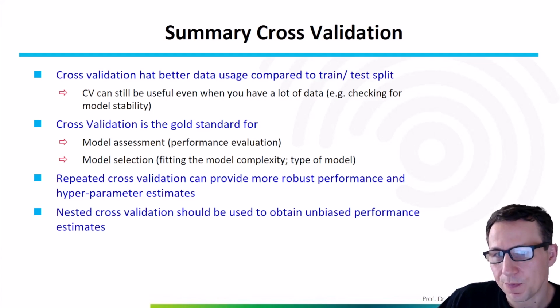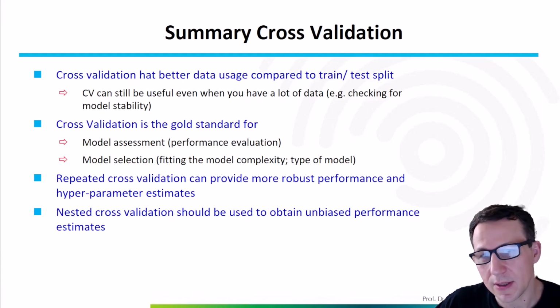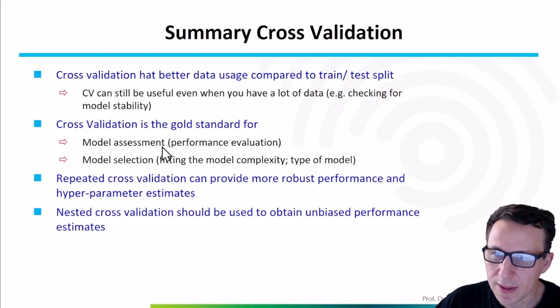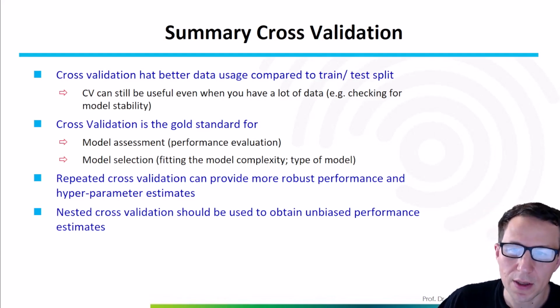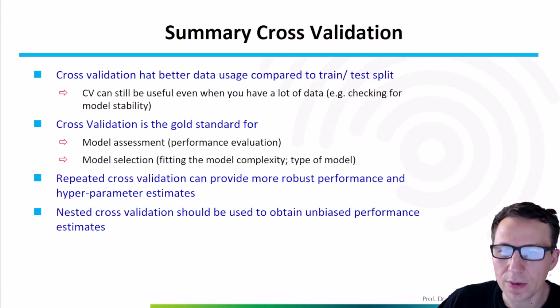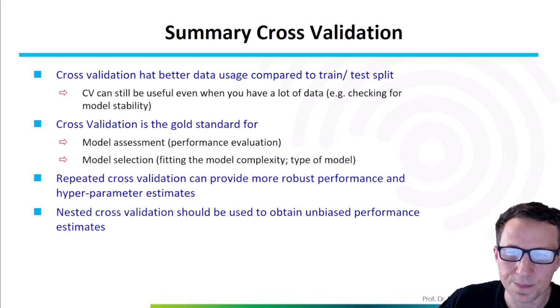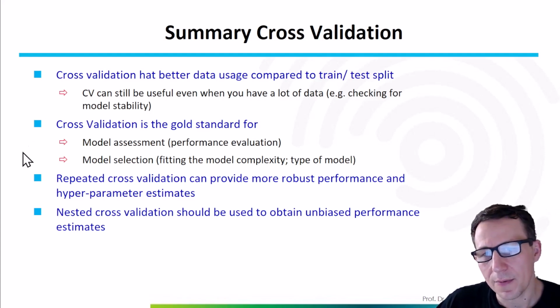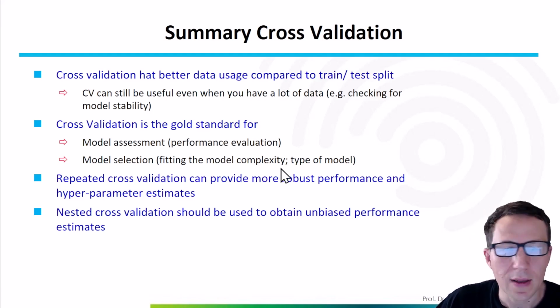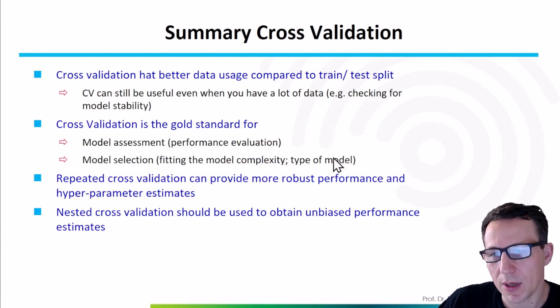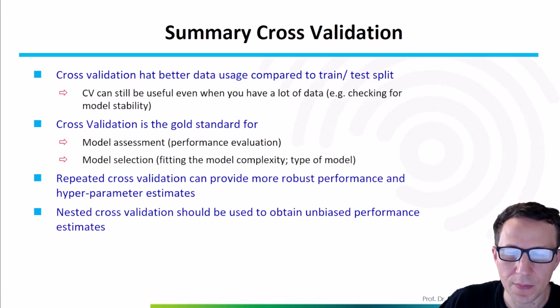Cross-validation is indeed the gold standard for model assessment, which means assessing the performance of the model to estimate how well it will perform on unseen data. And for model selection, which means fitting the model complexity or selecting the type of model you would like to use with your dataset.